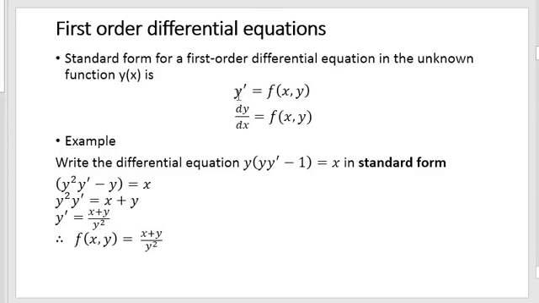Note that y prime equals f of x, y, where f is a multivariate function, so it has two variables, x and y, or both of those variables. Also note that y prime can be written as dy/dx. Please note that notation.